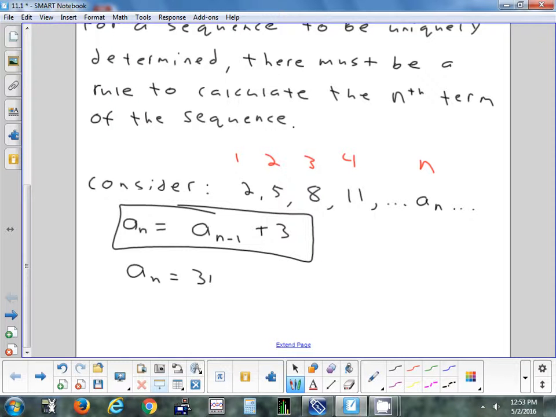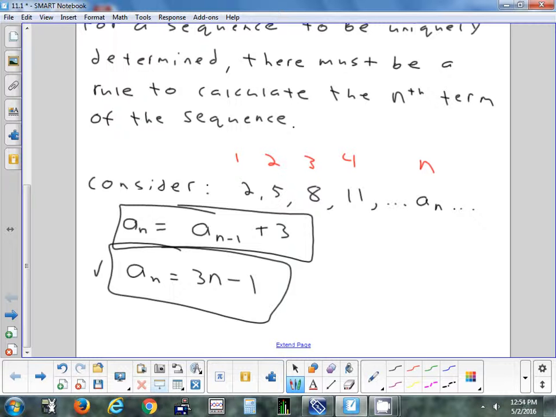Yes. Here's another formula that says to find the nth term, take 3n minus 1. So if you want the fourth term, 3 times 4 is 12, minus 1 is 11. Third term, 3 times 3 is 9, minus 1 is 8. The advantage of this second one is that I could find any term I want, and I don't need to know the ones before it.